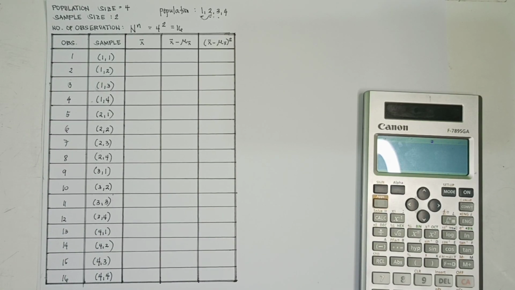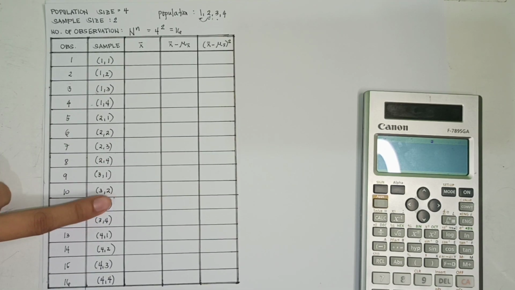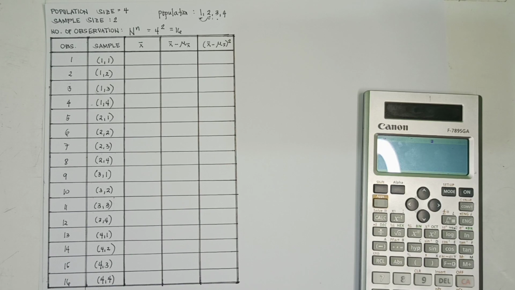Okay, so 16 is the number of samples we got that can be drawn with replacement with a sample size of 2. Now, for without replacement, just remove all the repeats: remove 1, 1, remove 2, 2, remove 3, 3, remove 4, 4. With replacement, the number can repeat.